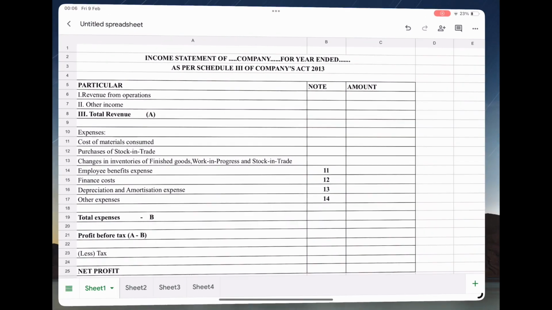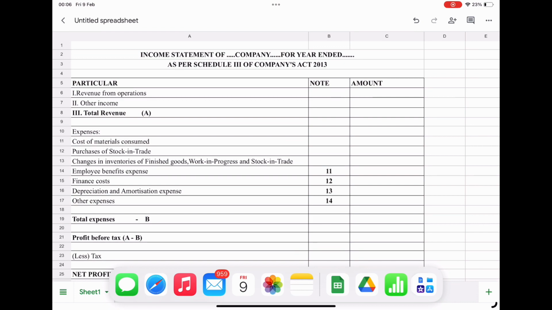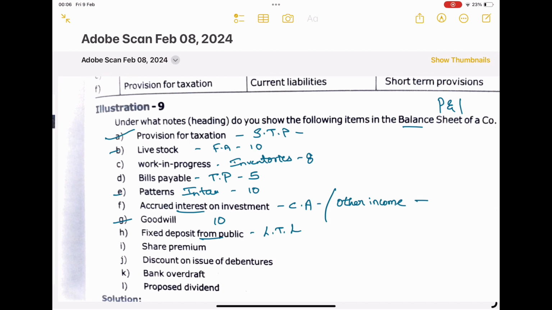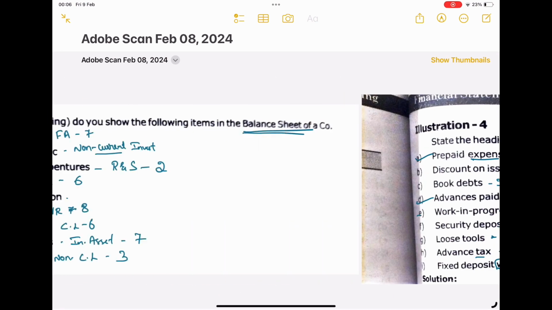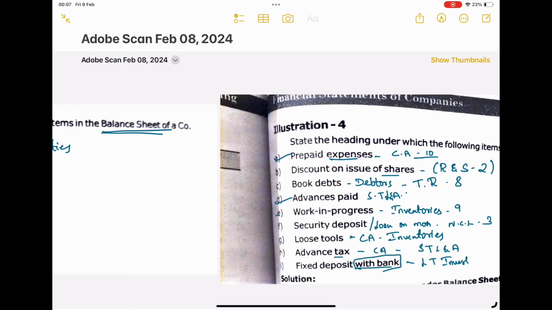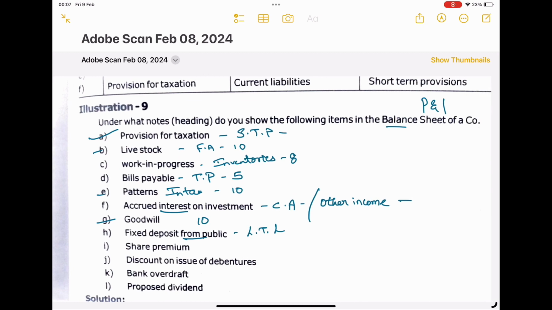In the first one also, we'll do the same. From public they have given, no, so this one also will be considered as non-current liability. Okay, or long-term liabilities, anything is fine.